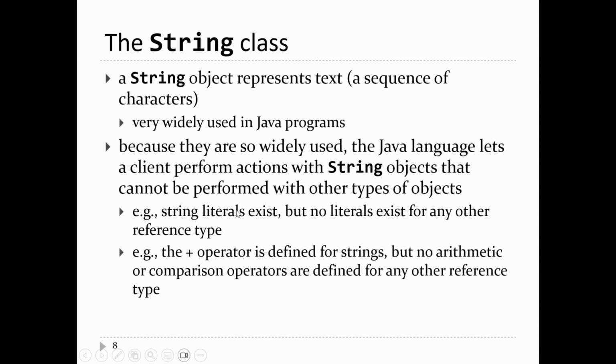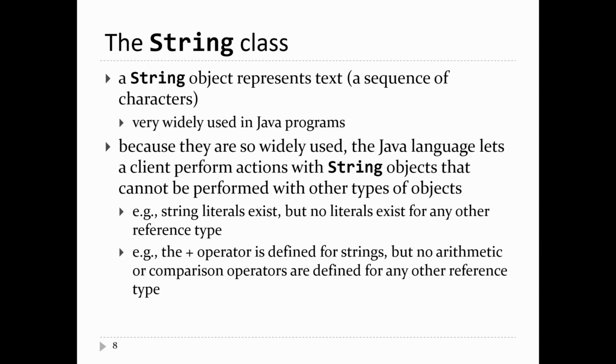So string literals exist, but literals do not exist for any other reference type. You also have the plus operator. Plus with strings means string concatenation, but there are no arithmetic or comparison operators defined for any other reference type in Java. That means you cannot use plus with any other reference type in Java.